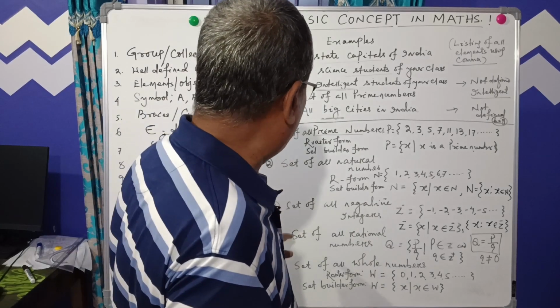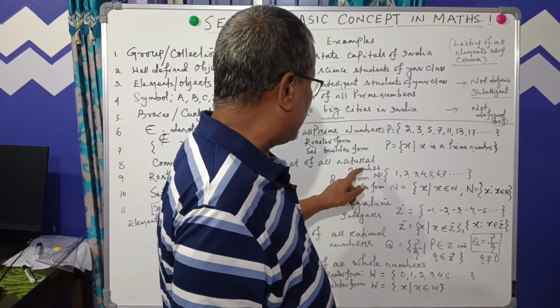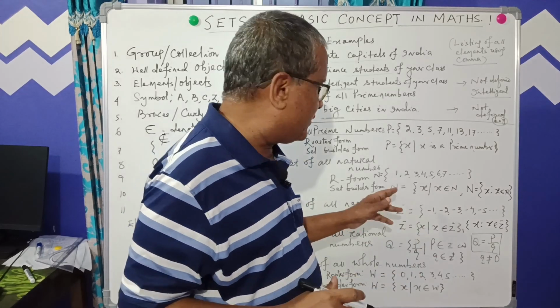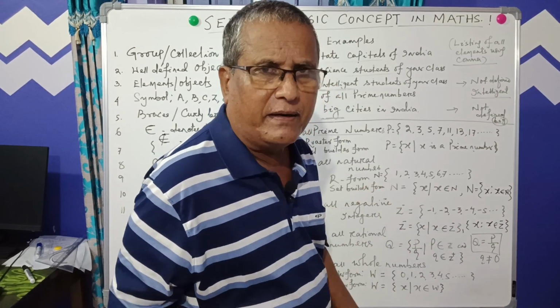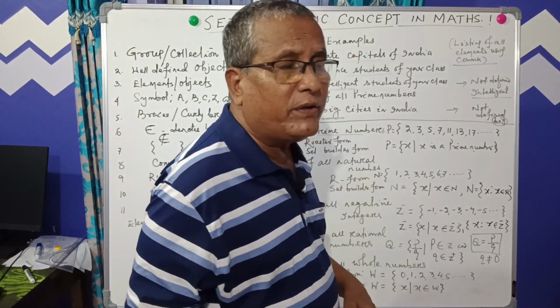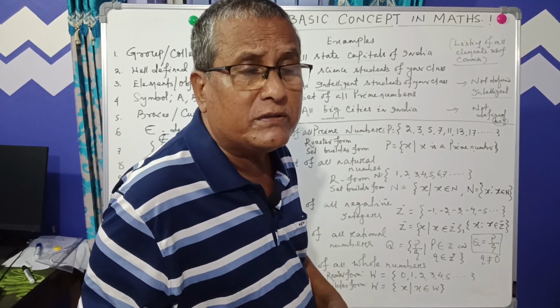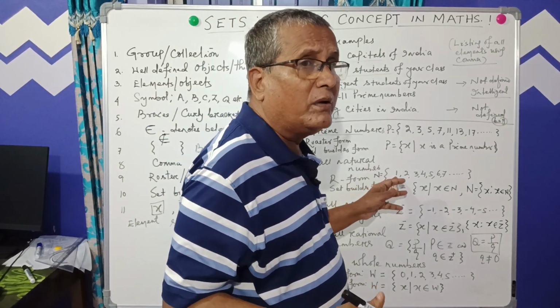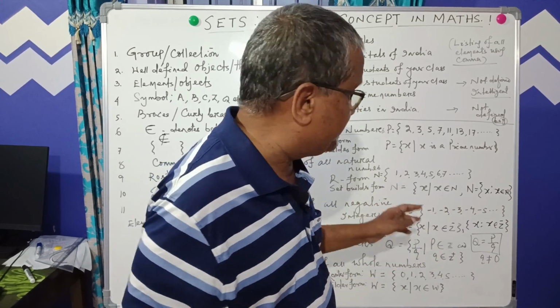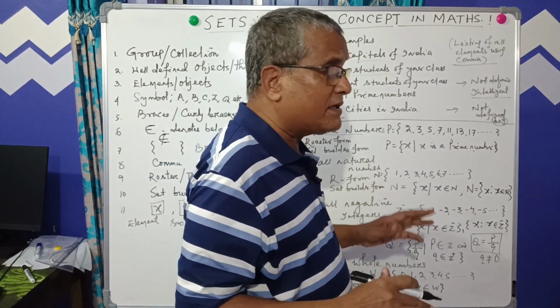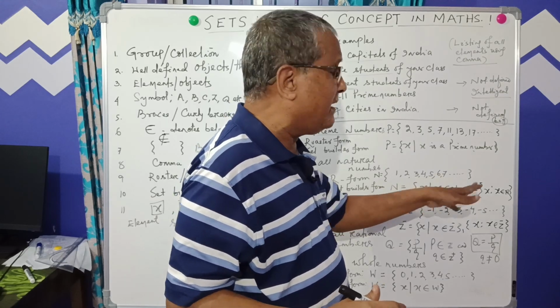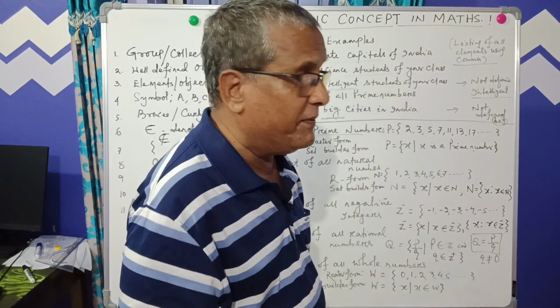Come to the second example, the set of all natural numbers. This set is denoted by capital N. Natural numbers are the counting numbers. It starts from 1, not from 0. So natural numbers begin from 1: 1, 2, 3, 4, 5, 6, 7 and so on up to infinity.